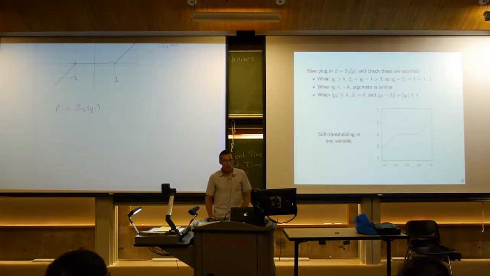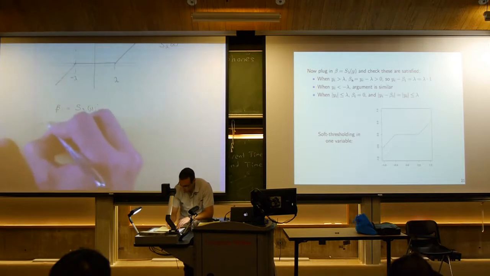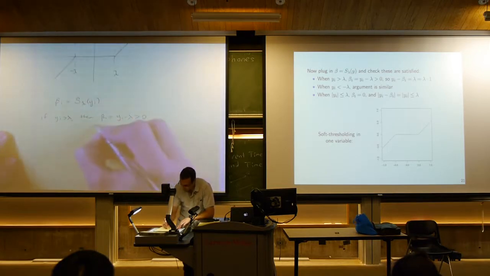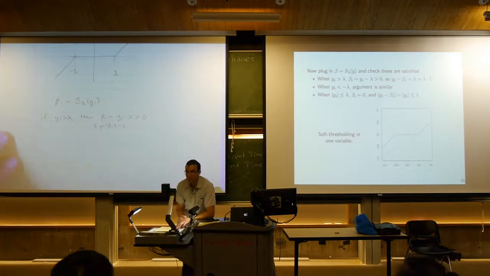So if yi is larger than lambda, then we're going to be assigning beta I to be yi minus lambda, which is positive, right, because yi was bigger than lambda, in which case the sign of beta I is 1.